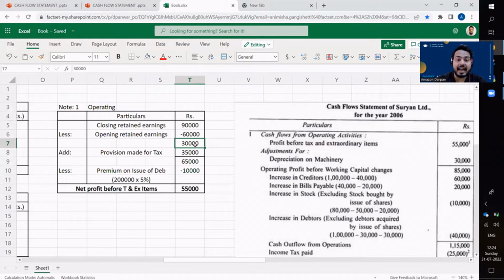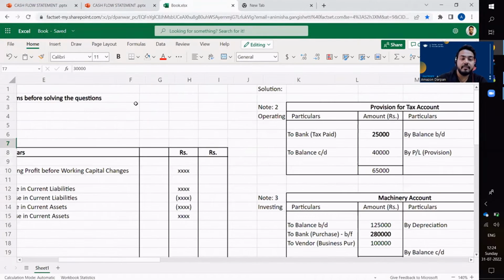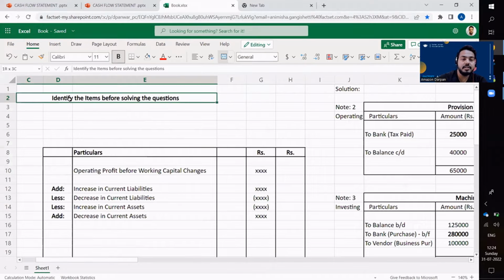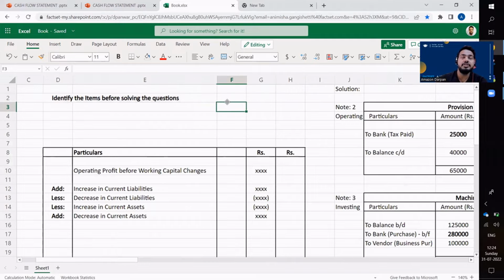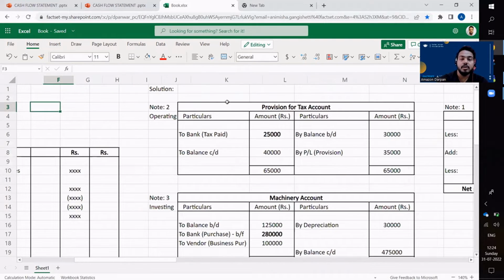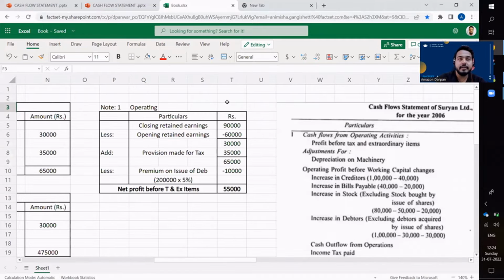So we'll try to add back those items. First, one important point I missed out. Whenever we are trying to solve this question, just identify the items which are present in the question and which activity they can belong to. This will help you in easily breaking down the question.